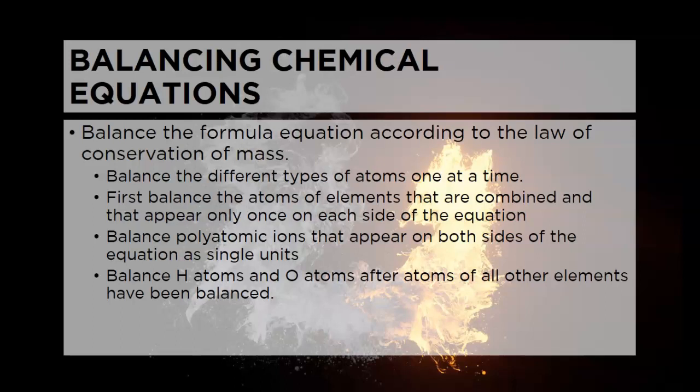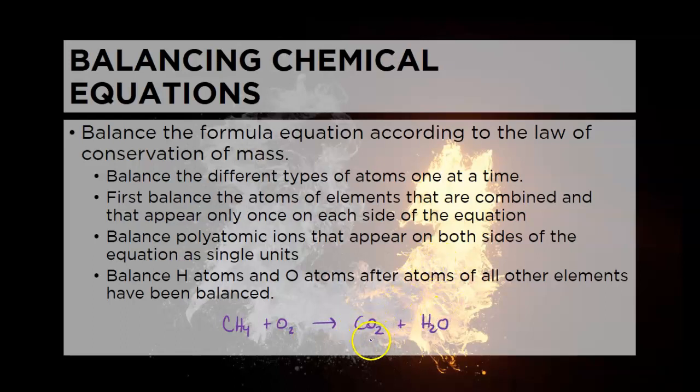First, try to balance the elements that are combined and appear only once. So what does that mean? If we look at the equation we did yesterday, we had CH4 and O2 yields CO2 and H2O.